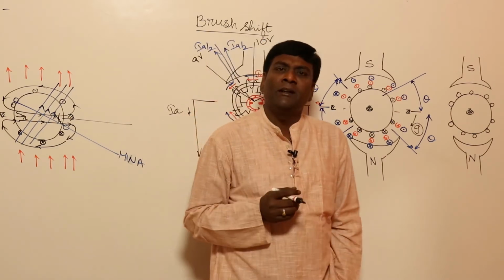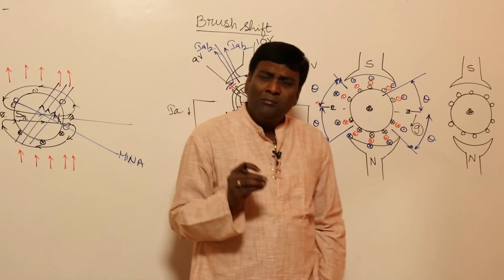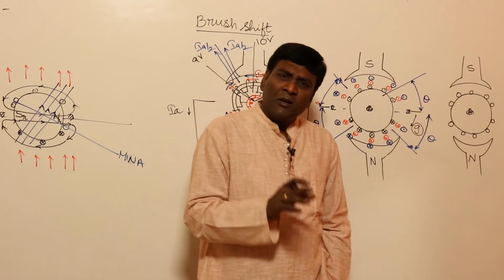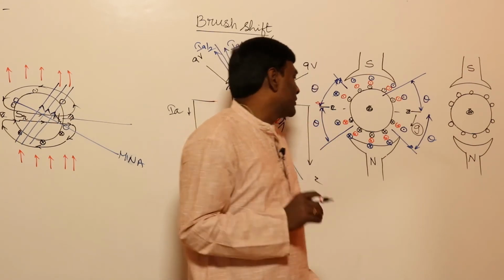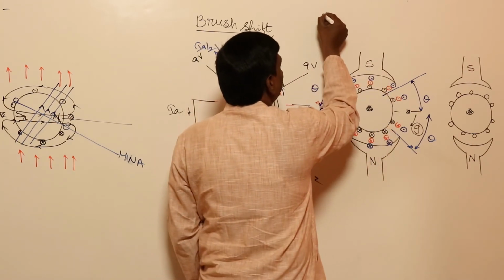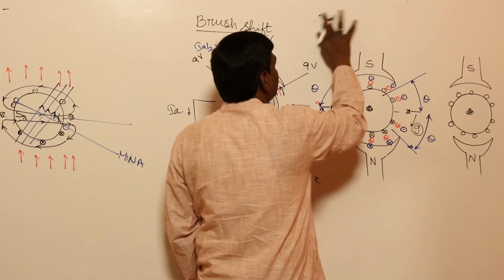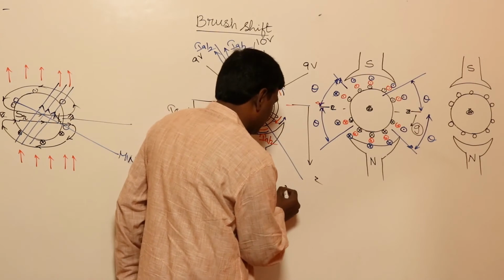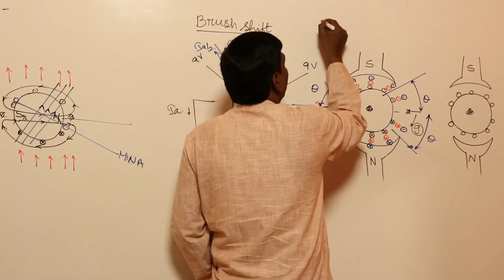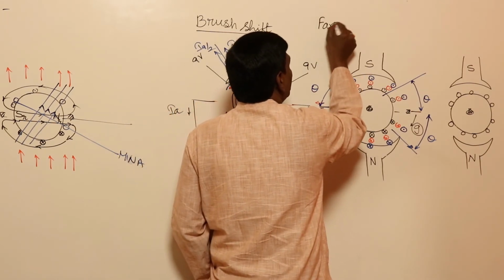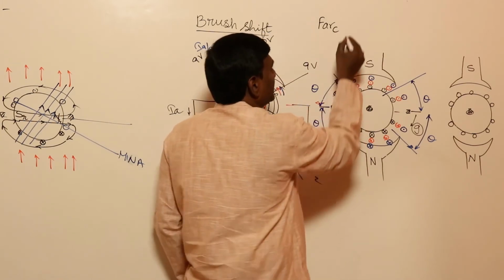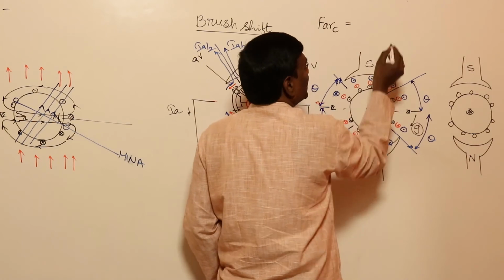Even in recent comments I have seen, do we need to remember demagnetization, cross magnetization, interpole winding? Not required, just follow with me. For example, what is armature MMF normally, which is cross magnetizing without having any brush shift?